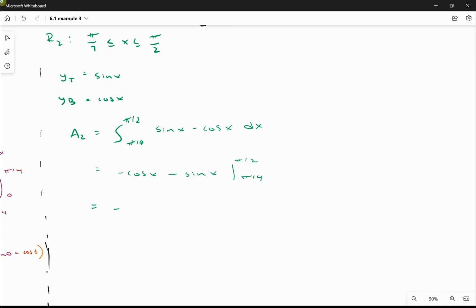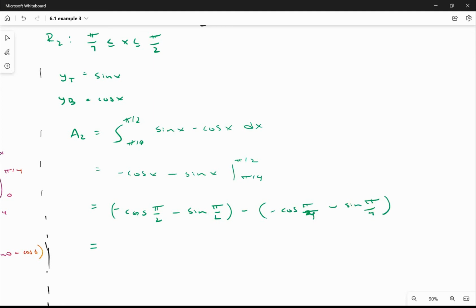And so we have, evaluating from pi over 4 to pi over 2, negative cos of pi over 2 minus sine of pi over 2, minus negative cos of pi over 4 minus sine of pi over 4.